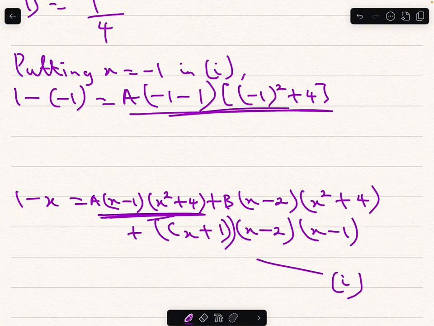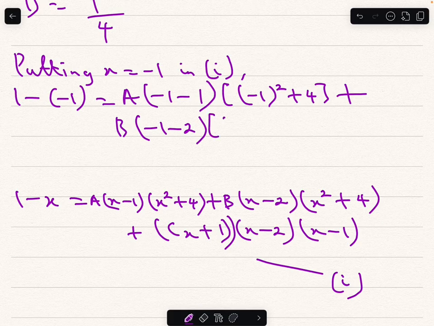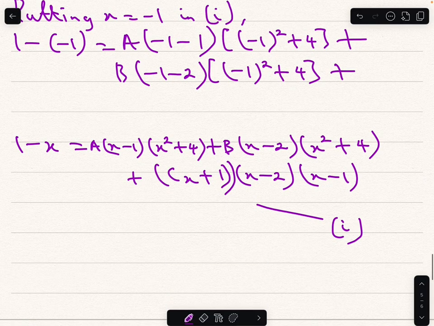That's it. A into bracket minus 1 minus 1 times x squared plus 4. That's this. Now the next one is plus b into bracket x minus 2. That will be minus 1 minus 2 times x squared plus 4. That's minus 1 squared plus 4. And the next one is plus cx plus d.